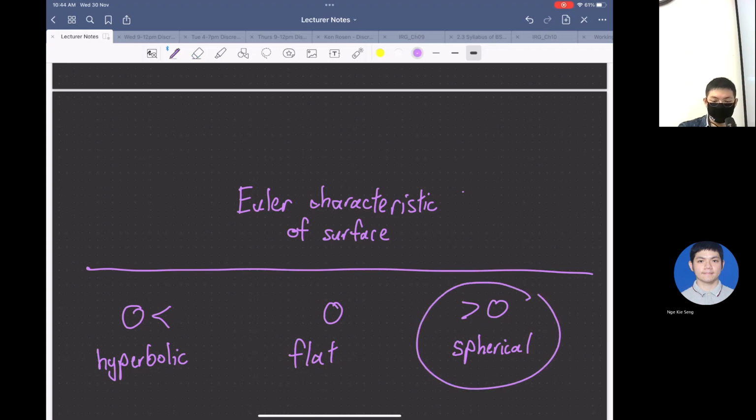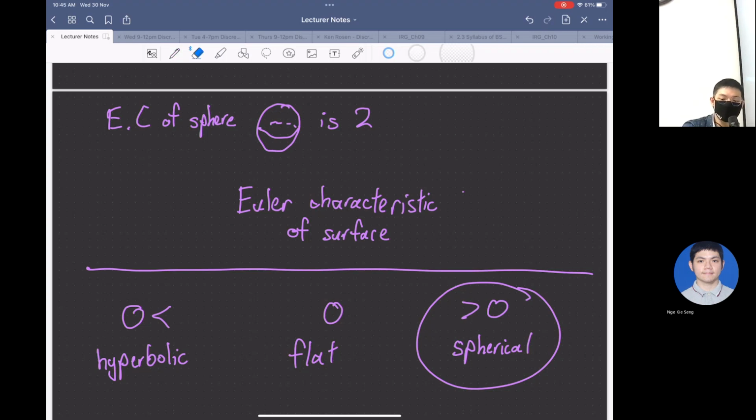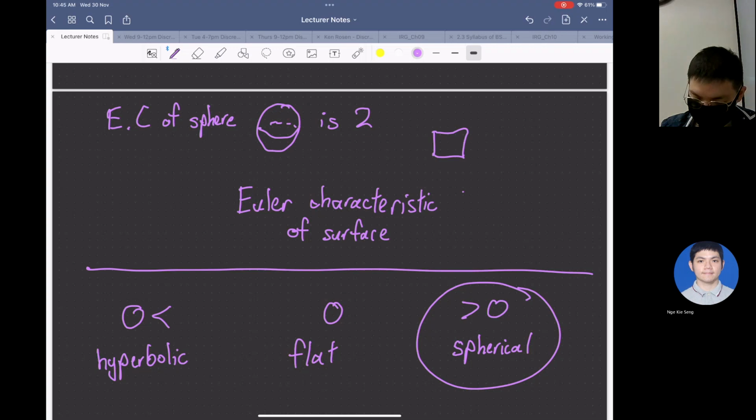The Euler characteristic of a sphere is the same as the planar graph. For example, the cube is also 2, right?